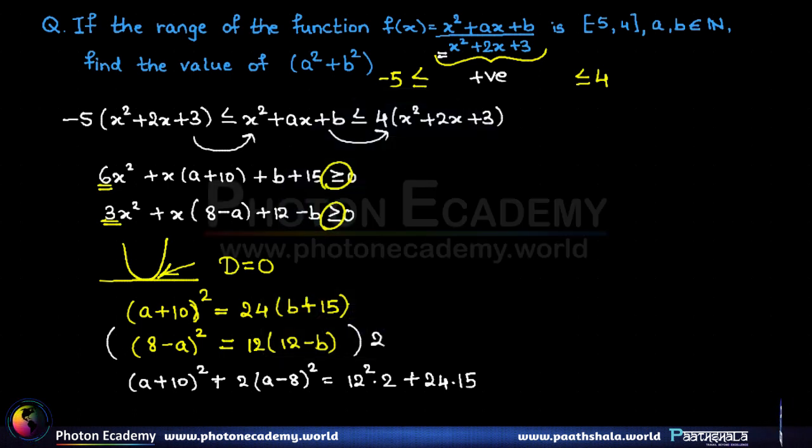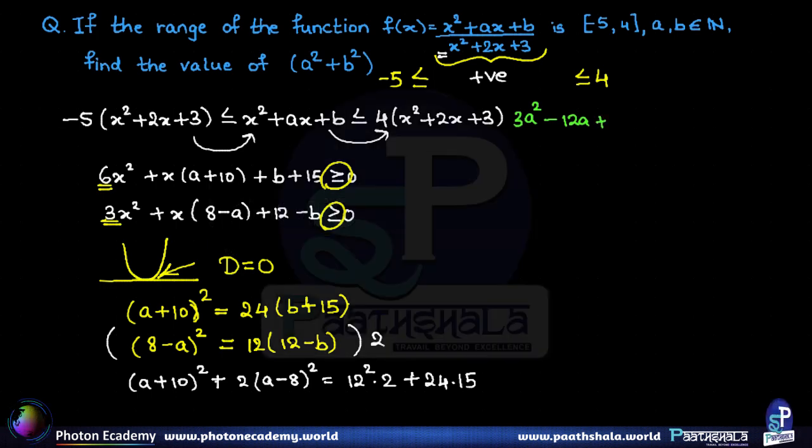So on expanding, we get 3a square minus 12a plus 228 is equal to 12 square into 2 plus 24 into 15.